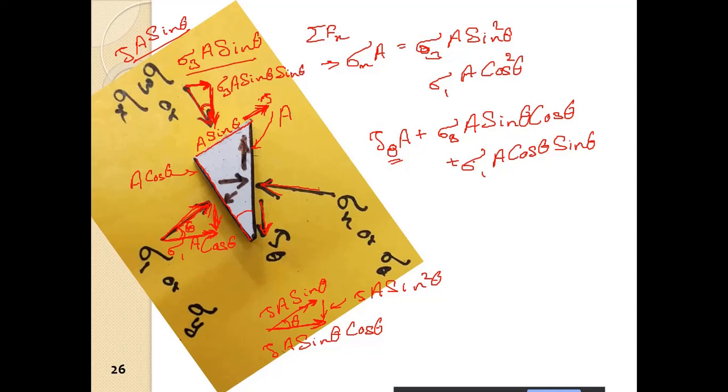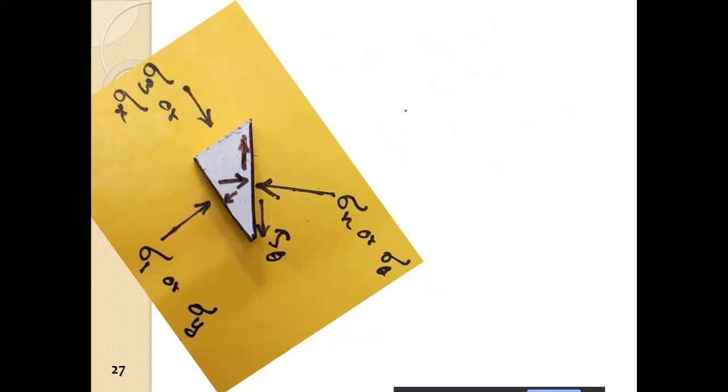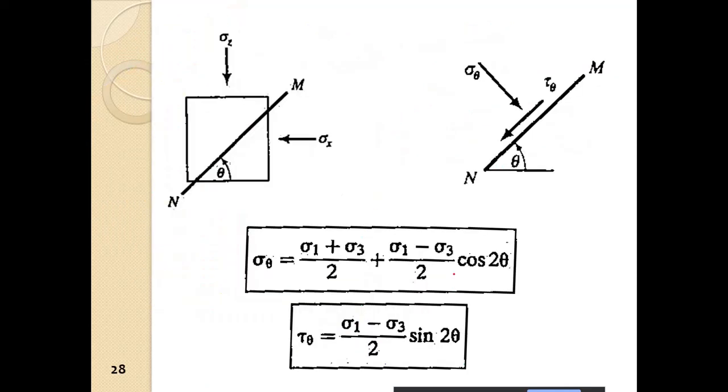So you have to resolve it into two directions, one in the y direction and one in the x direction, and the forces in the x direction you have to add up, and the forces in the y direction you have to add up, and ultimately you will arrive at any plane inclined at an angle theta.